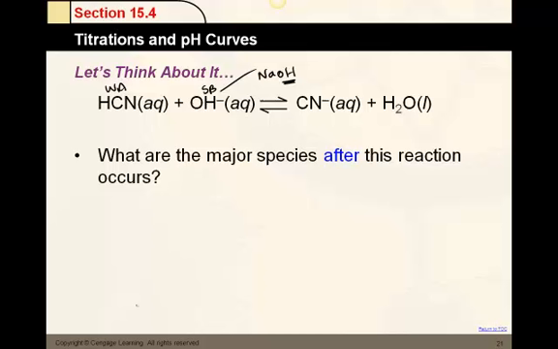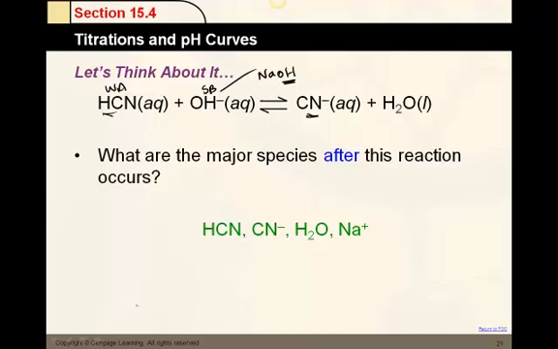What are the major species after the reaction occurs? Well, again, what are the major species? The ones you see listed here. HCN, CN negative, and that's because it's here as a product, HCN. We've got Na, which is part of NaOH. And you might say, well, where's the OH?